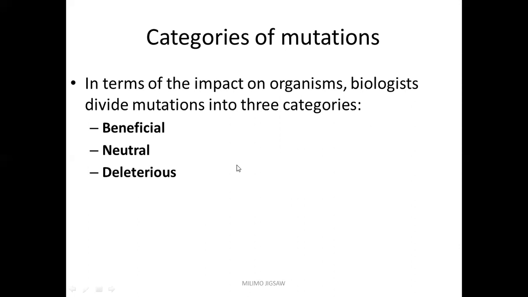For example, I gave an example of the mutation of G to A, which is beneficial in the beach habitats because it camouflages mice. However, this same G to A mutation would be deleterious, or harmful, in the forest habitat. So this is another category. It can either be beneficial, neutral, or deleterious, or harmful.